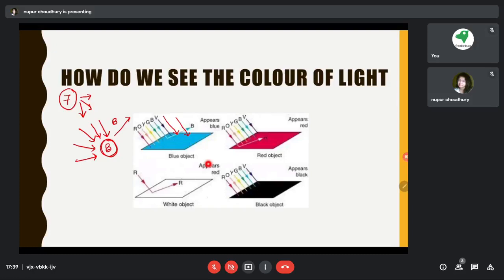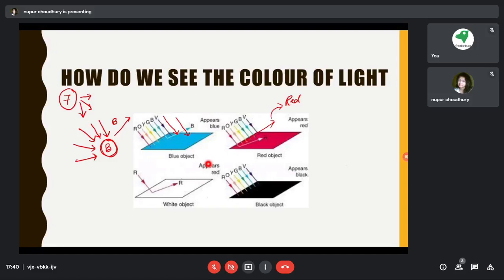Similarly, if it is reflecting the red color, the surface will appear red in color. So this is a very, very fundamental concept related to light. We see different objects in different colors because they reflect that color and absorb the other colors which belong to the spectrum of light.